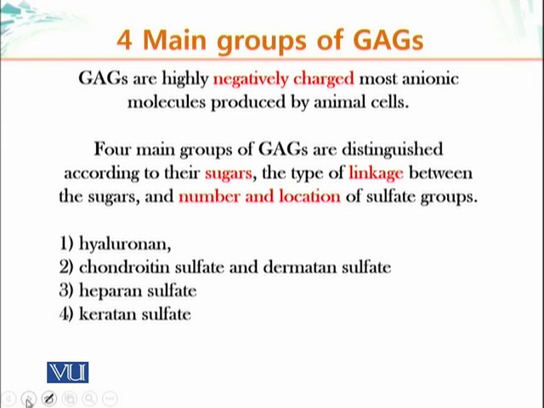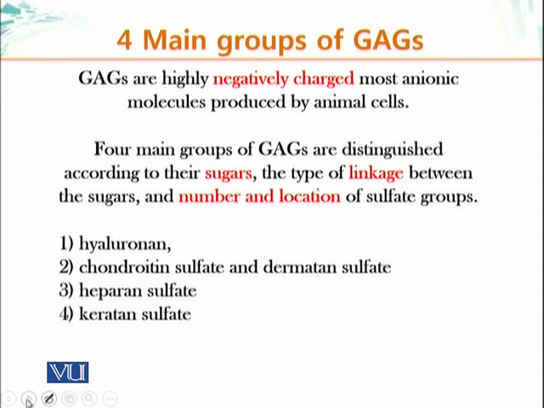Because of that, they can attract positively charged ions, for example, sodium ions, and result in absorption of water and thereby forming these gels. There are four main groups of GAGs that are distinguished according to the sugars, the type of linkage between the sugars, and the number and location of the sulfate groups.